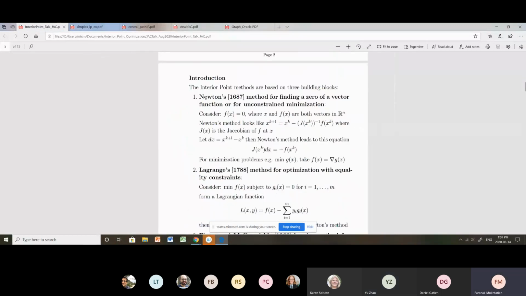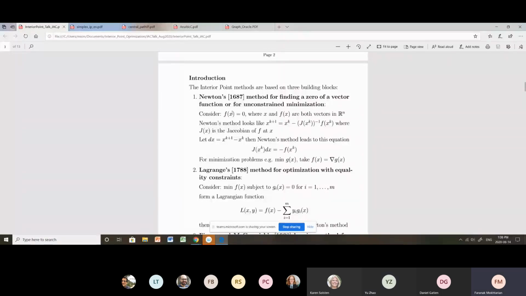So the building blocks of interior point methods are three things. One is Newton's method for finding a zero of a vector function, or for unconstrained minimization. If you have an unconstrained minimization, like minimizing g of x, then we look at the gradient of that, which becomes our vector function, or like a transformation.